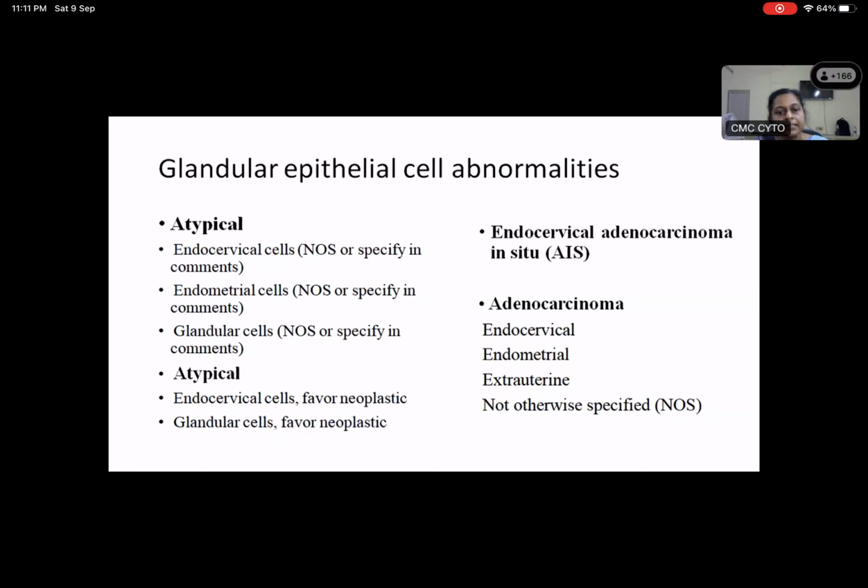So they feel that it is safer to leave endometrial as only NOS, not otherwise specified, and not to go into favor neoplastic or NOS as a further subclassification of endometrial atypical cells.